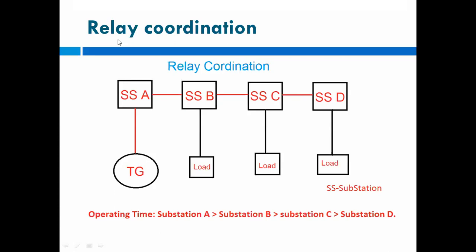In this relay coordination, what actually happens? Here we are considering one generating station. There are different substations, that is substation A, B, C and D. These substations are supplying some load, right? It is just like the time graded system, right?